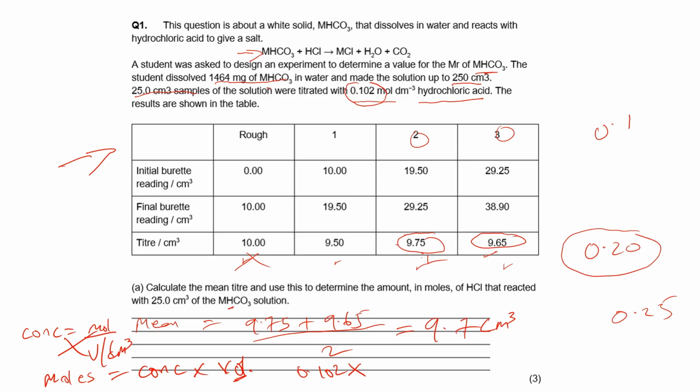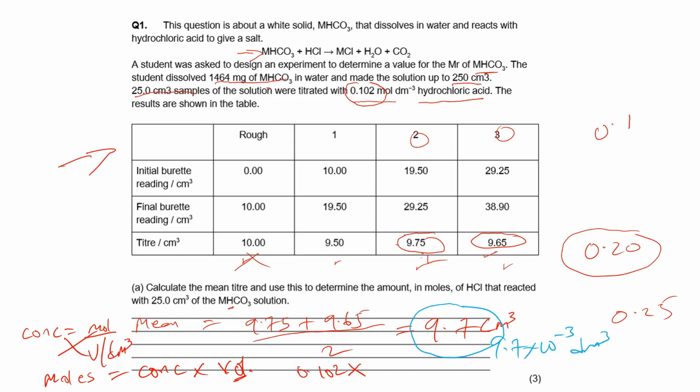So we have to convert this to dm cube, and to do that we divide by 1000. Okay, you have to divide by 1000. 9.7 divided by 1000 is basically 9.7 times 10 to the power minus 3 dm cube.